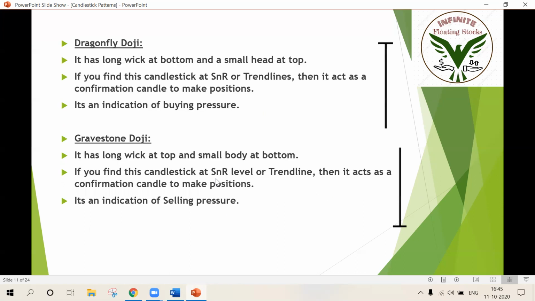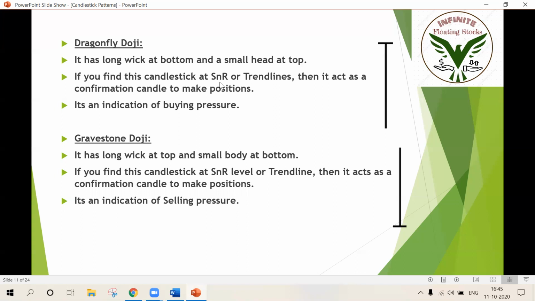So, different types of dojis. One is the dragonfly doji and another is the gravestone doji. The dragonfly doji has a long wick at the bottom and a small head at the top. Look at this figure and read the line. It has a long wick at the bottom and a small head at the top. It will look like this.